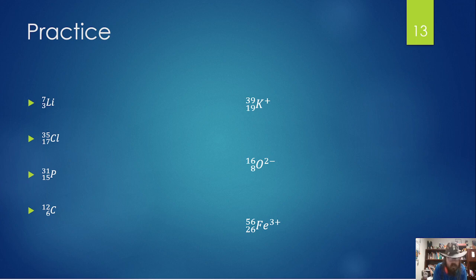So if this one contains 18 neutrons, the isotope contains 20 neutrons, because 37 minus 17 is 20. Phosphorus, neutral, 15 protons, so it must have 16 neutrons. Carbon, it's neutral, so 6 protons, 6 neutrons, and 6 electrons.